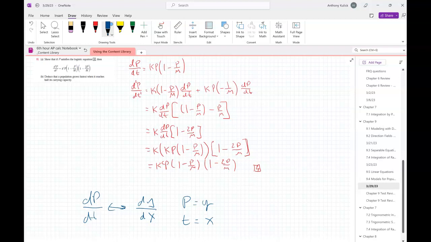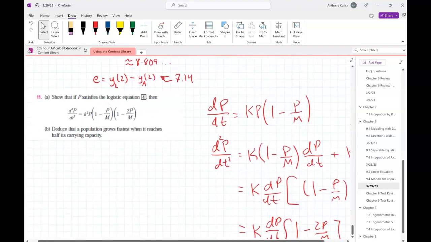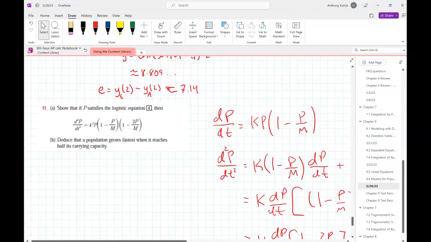Then, since this is regarding logistic equations, K is a constant because that's just the growth rate that'll never change. Well, yeah, facts, and M is like your carrying capacity, right? That doesn't change. That's constant as well.